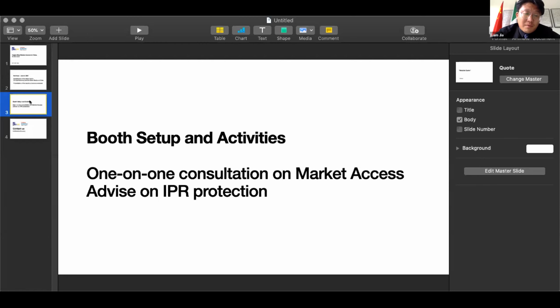We are also very happy to have our sister project, the IP SME Help Desk, join us. One of the IP advisors of the IP Help Desk will be at the booth and able to provide exhibitors with consultations on IPR protection.